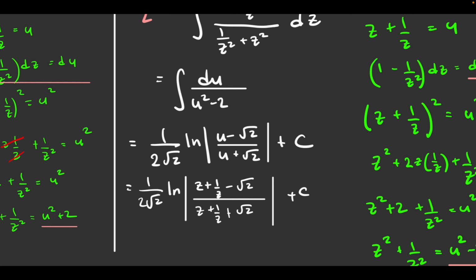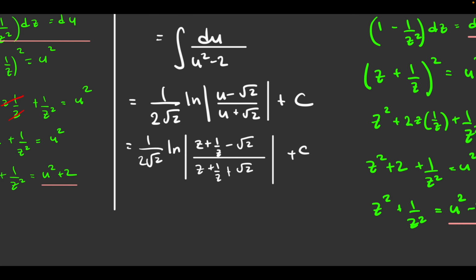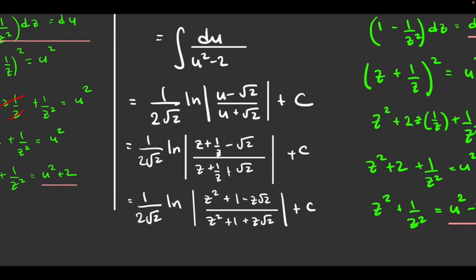So, if I multiply z sa both sides, z sa numerator and sa denominator, this becomes 1 over 2 square root of 2 ln of z squared plus 1 minus z square root of 2 over z squared plus 1 plus z square root of 2 lang plus c.